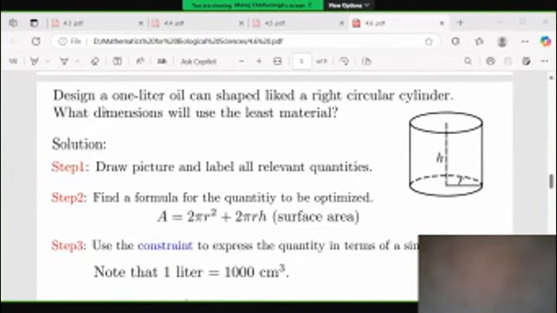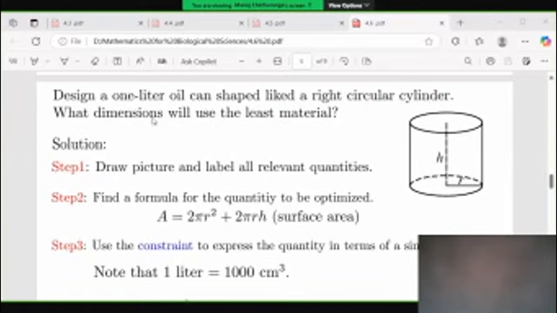And so there are different shapes, different R and H values for the same volume, because while you're increasing the radius, you can decrease the height without changing the volume. Now, the actual problem is what dimensions will use the least amount of material.